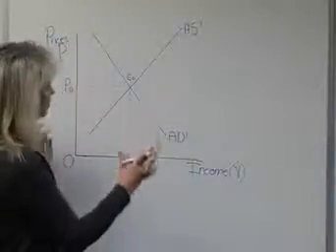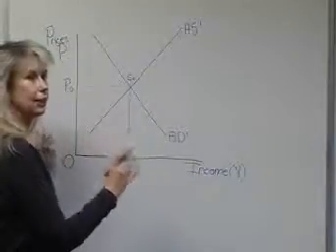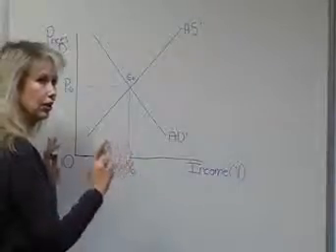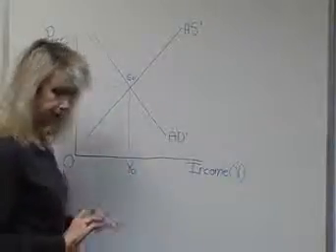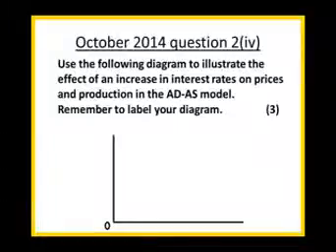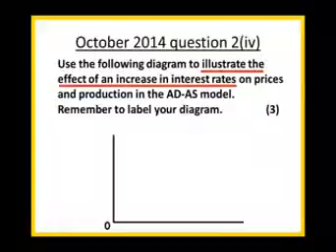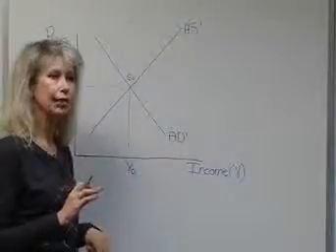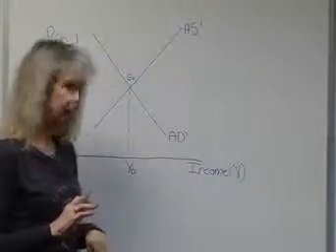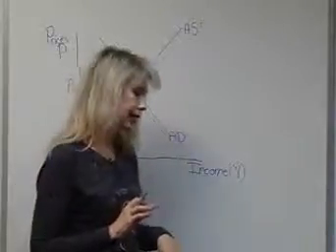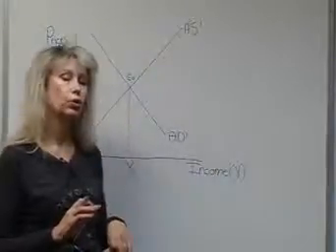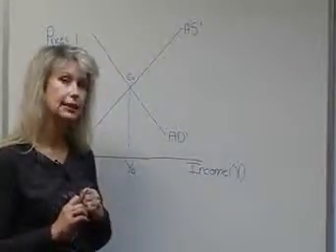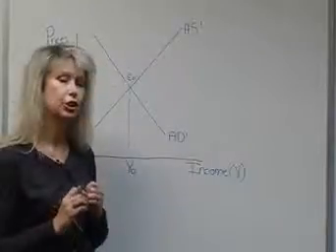Right, so now we've shown what the aggregate demand, aggregate supply model looks like, and that will be your first mark. Now the question says, illustrate the effect of an increase in interest rates. So we have to think, is aggregate demand or aggregate supply going to be affected by the interest rate level? Now, in your textbooks, there are 2 tables, Table 19.1 and Table 19.2.